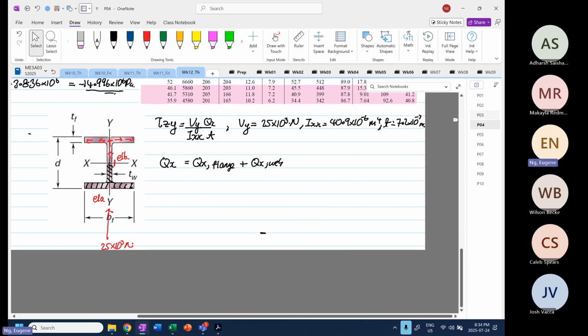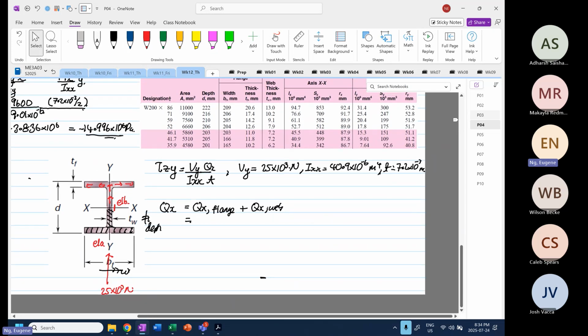Okay. So Qx, this is our width. This is our depth. So the width for the flange is our BF. BF is equal to 0.166. And then the depth is your TF, so TF is 11.8 times 10 to the power minus 3.